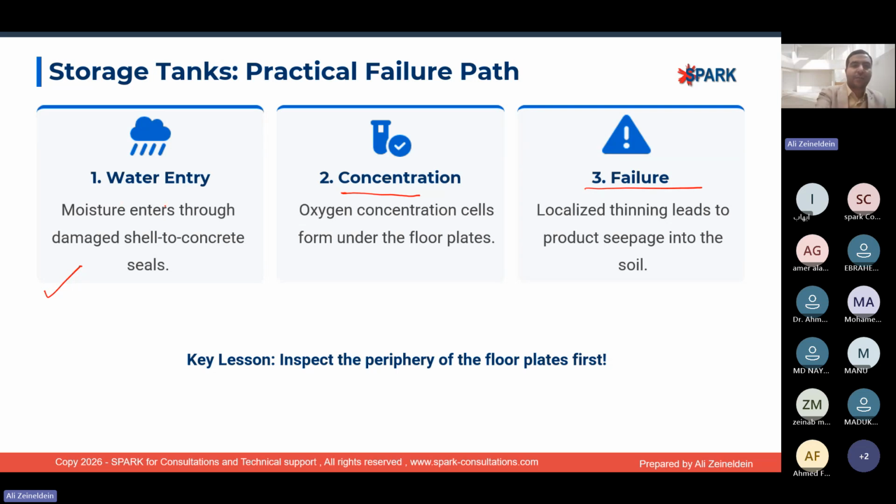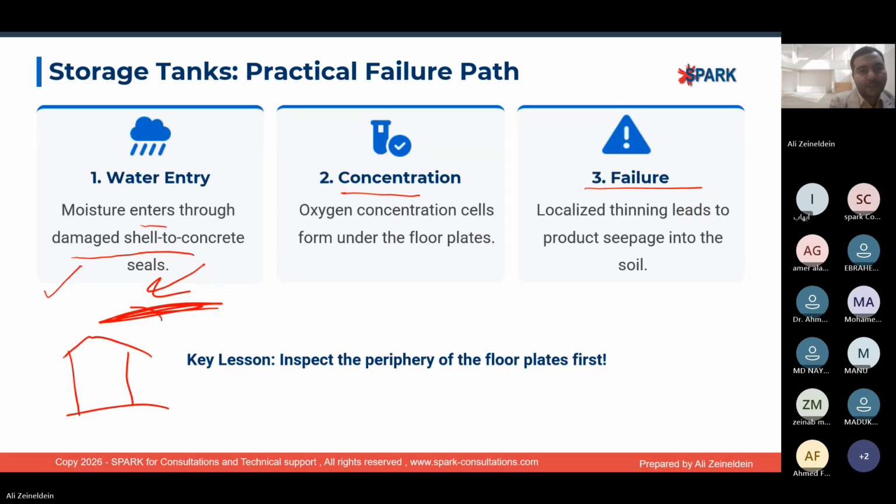For example, moisture enters through the damaged shell to concrete cells, meaning corrosion underneath the bottom. Suppose we have the tank, and from this location there are some gaps, and then water will enter from here, finally achieving corrosion from the soil side.